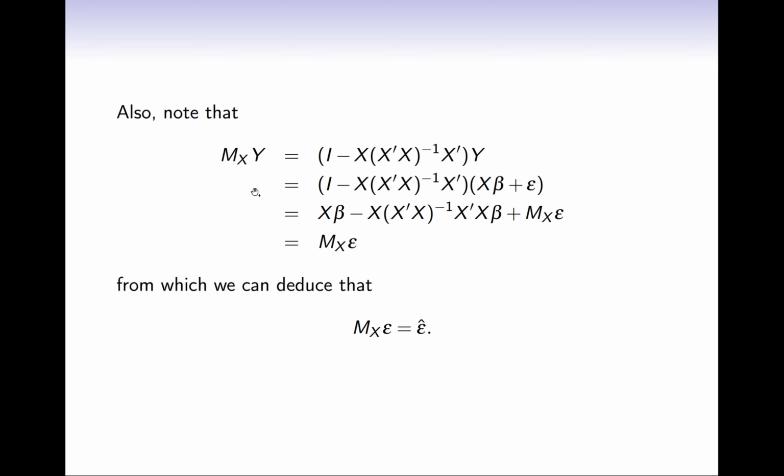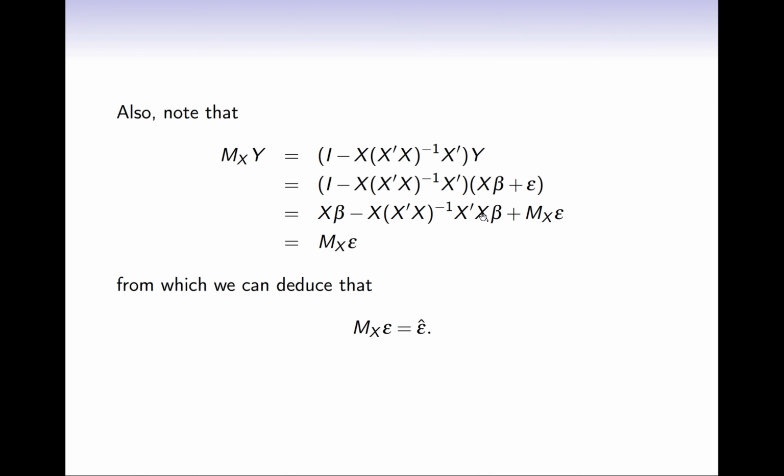Okay, so also you can substitute in for y. We'll plug in the true model for y, X beta plus epsilon. You see this is X beta, and then here we have X (X prime X) inverse X prime X beta, so these things cancel.